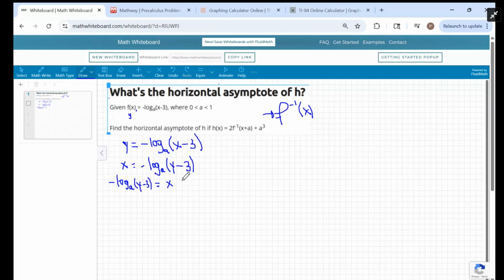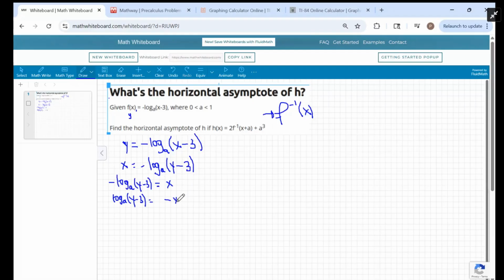And now we want to convert this logarithmic equation into an exponential equation. But to do that, we gotta remove the negative sign in front of the log. We can simply do that by multiplying both sides by negative 1. And we're going to get log base a of y minus 3 equals negative x.